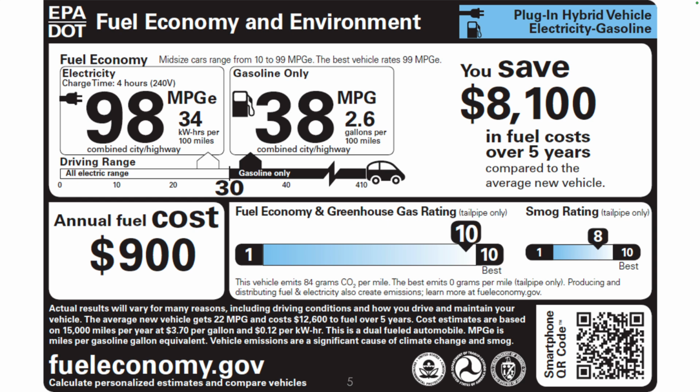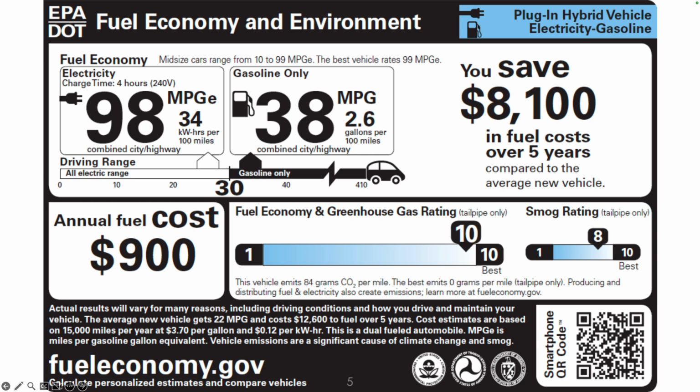You can also find all of this information for all cars online at fueleconomy.gov. That will give a little bit more information than what's shown here. But when you go to buy a new car, you can expect to see this type of information displayed on all new cars. Okay, any questions about this?